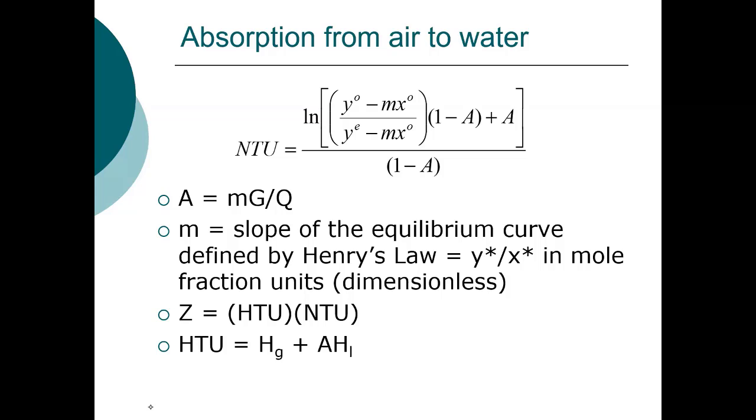So G is still the gas flow rate, Q the liquid flow rate, and M is the slope of the equilibrium curve defined by Henry's law, just the constant in Henry's law. Z is the height, and that is equal to the height of a transfer unit times the number of transfer units. Note, we're using the same terminology we used with adsorption.